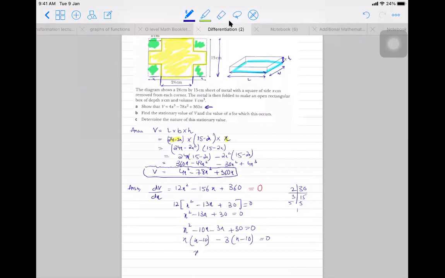So x minus 3 times x minus 10 is 0. x is 3 and x is 10. Is it clear now? Yes, sir.